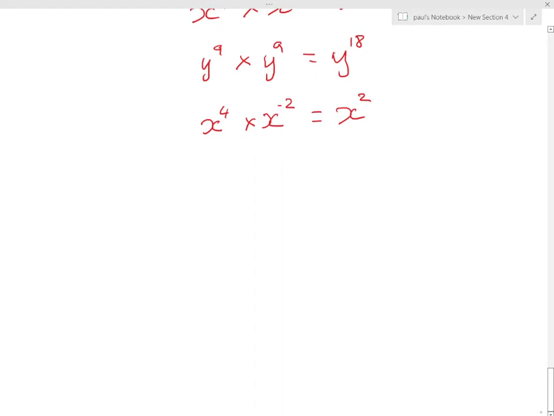No problems whatsoever. Dividing? Well, if you divide, you will subtract the indices. You just do the opposite thing. Now I'm going to write division as x to the 4 over x to the 2.